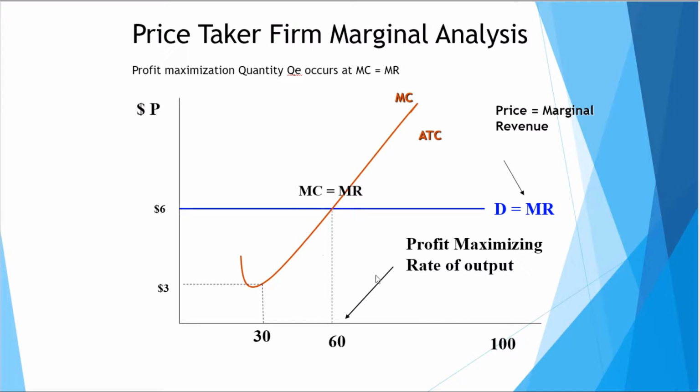So this is the marginal analysis. What about the 61st unit? It's going to cost them more than $6 to make that 61st unit, but they can only sell it for $6, so they will be making a loss on that unit. So their profit maximizing rate of output is 60 units.